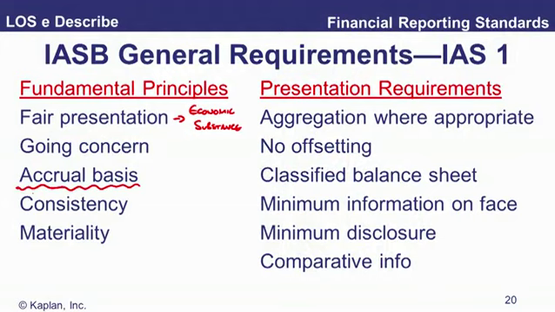Consistency, well, this really says once a company chooses an accounting policy or principle, it should apply it consistently year on year. In other words, you can't chop and change your accounting principles year to year. There is a caveat to that. If you believe the economic substance of the transaction has changed, and therefore a new accounting principle would better reflect the economic substance of the transaction, then of course you can change it.